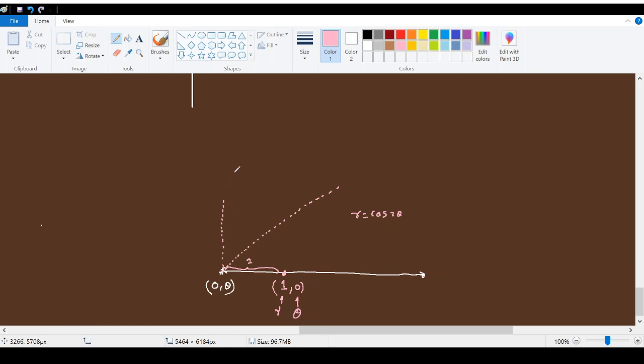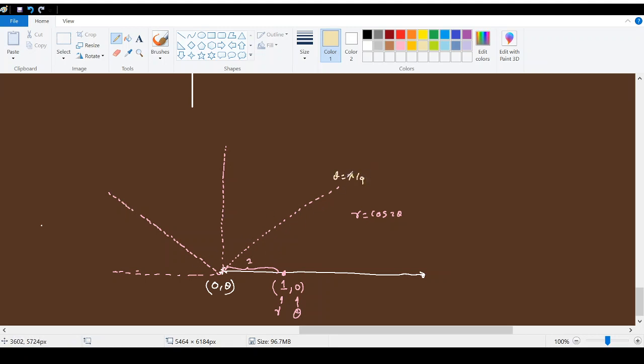In the Cartesian system, a vertical line does exist because of the y-axis, but in the polar system it does not. I am just drawing these things because then it will be easy to mark the angles. Now let's have this angle equal to 90, and this is half of 90, which is the line of pi by 4.